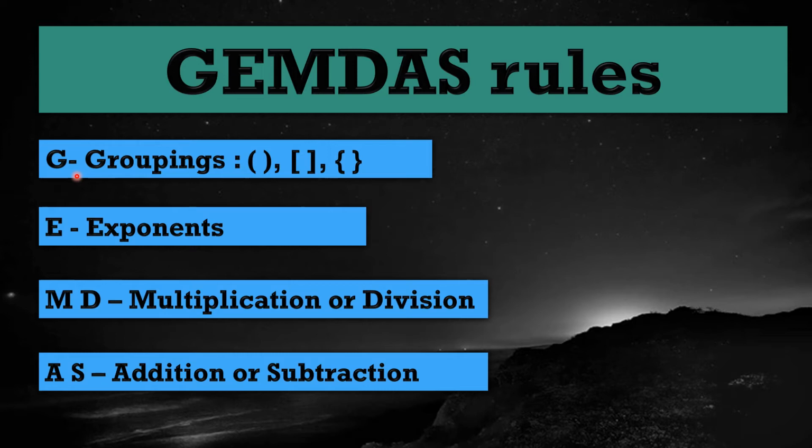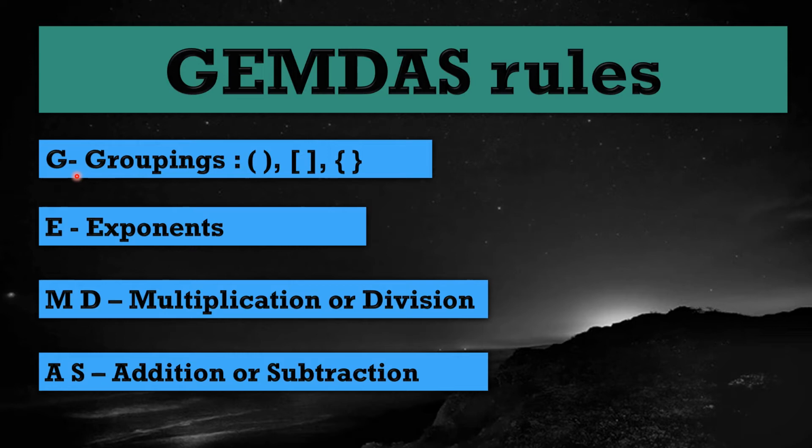So, kapag meron ganun, whatever inside the parentheses should be done first. So, may mga instances na yung isang equation, merong malaking groupings, and then sa loob ng isang malaking groupings, meron pang maliit na groupings. So, if that case will happen, palagi natin isi-solve yung pinakamaliit na groupings, yung nasa loob or pinakaloob na groupings.